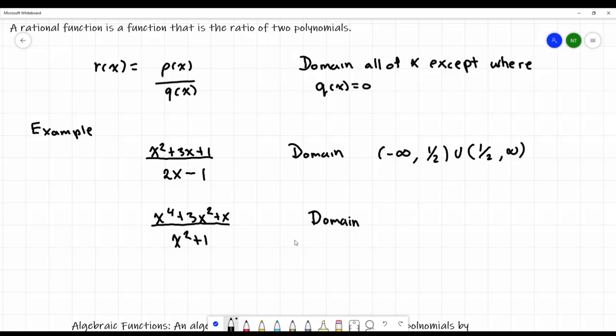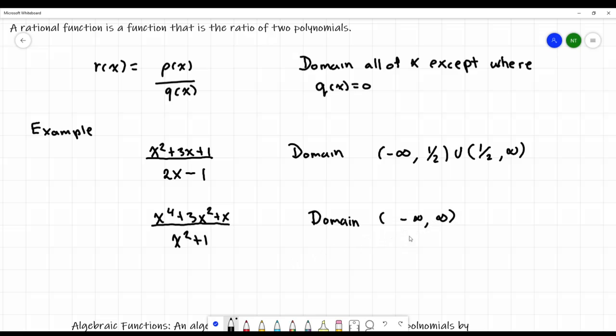Now let's look at another one: (x^4 + 3x^2 + x) over (x^2 + 1). What do we think the domain of this is? It's minus infinity to infinity, right? Why?